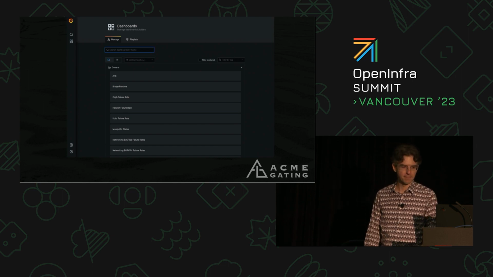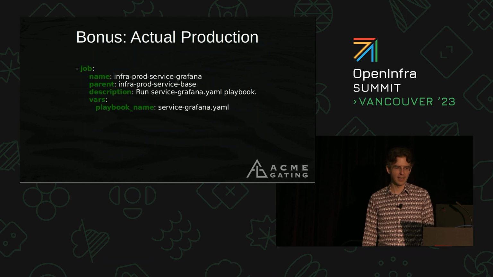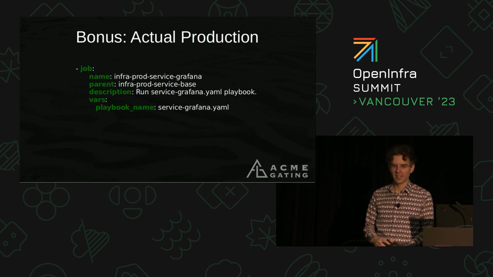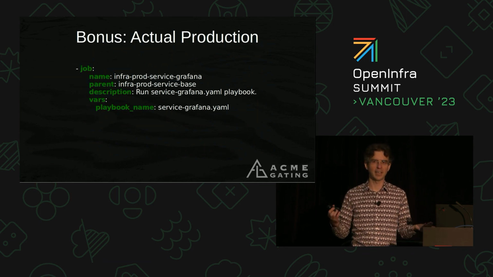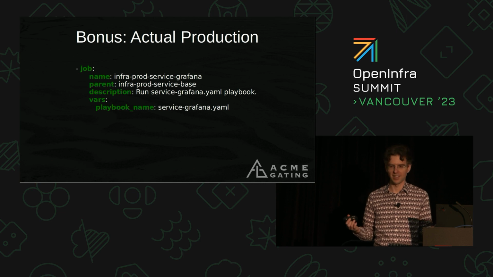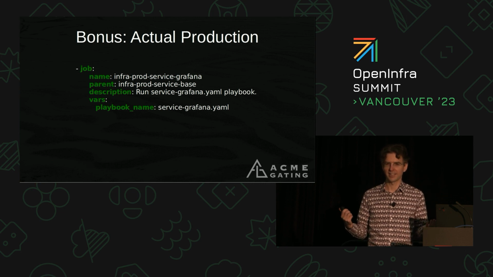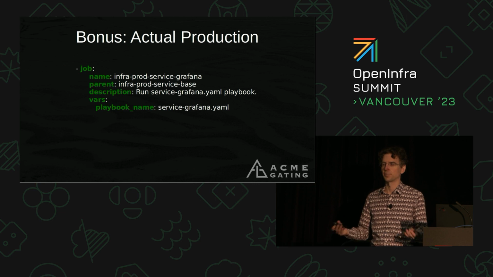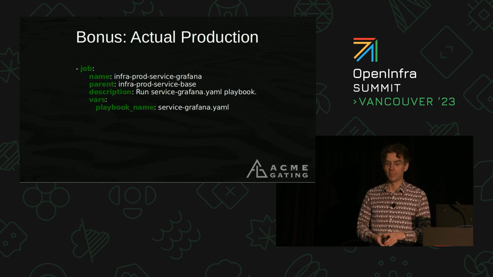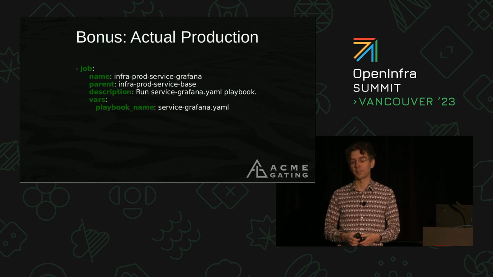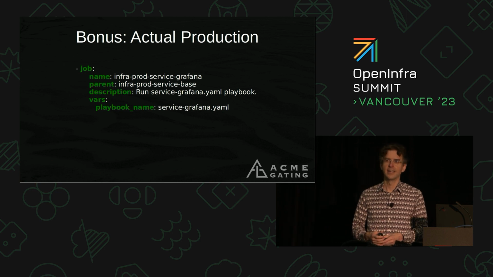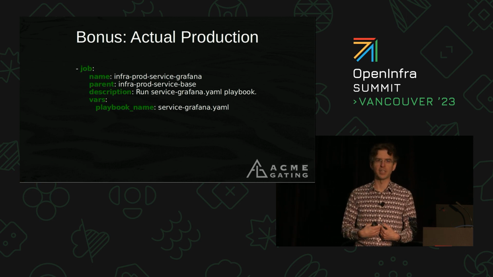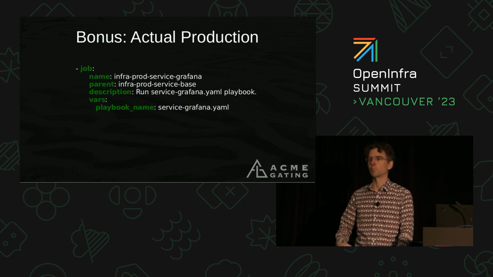So there it is. And then as sort of a bonus, not only can you run this ephemeral test environment that I'm talking about, but using the same playbooks and everything, you can run the actual production code. So we have a job on the system as well called infraprod service Grafana, and that runs these same playbooks, but in the production context on the production server.